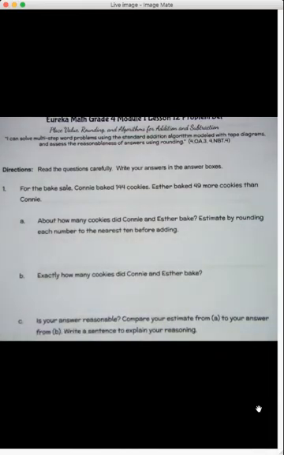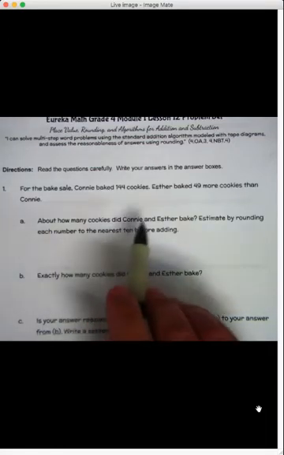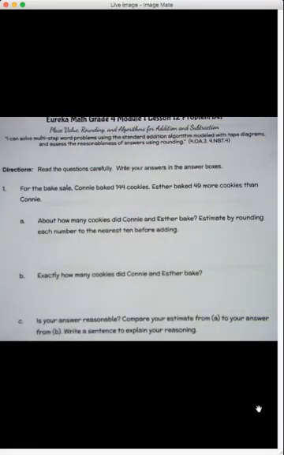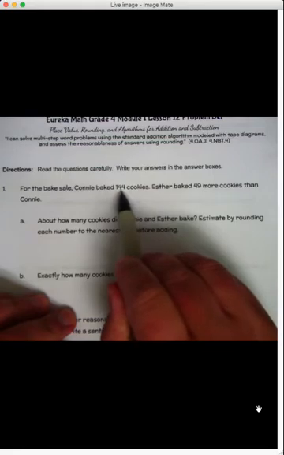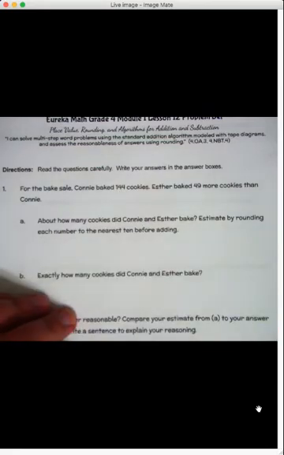Do you see that? But it's not asking how many Esther baked. It's asking how many did Connie and Esther bake. So the first thing we're going to have to do on this problem is find out how many Esther baked, because we know she baked 49 more than Connie, and Connie baked 144. So we've got to find out first how many Esther baked.